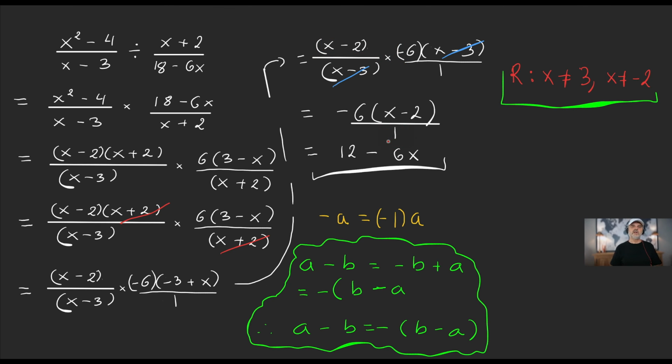You don't want to leave it divided by 1, because that's not a fancy way of finishing the question. You can leave it as negative 6 times x minus 2 in brackets like that, or you can multiply negative 6 times x and negative 6 times negative 2, which gives you negative 6x plus 12. That concludes the question.